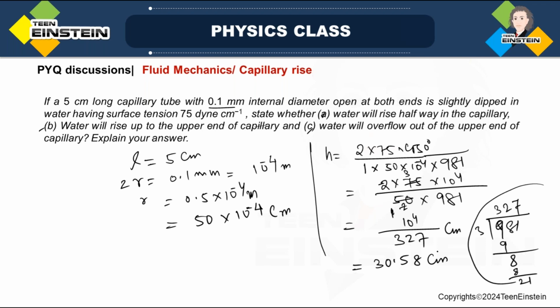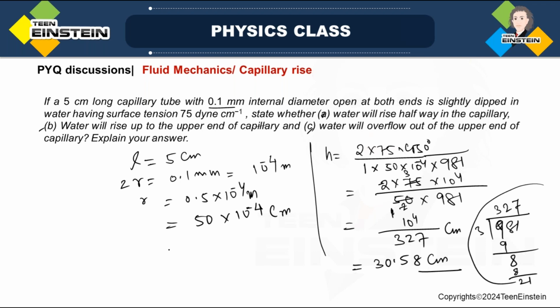So we have got the capillary rise. With the parameters given over here, the rise of liquid inside the capillary tube should be 30.58 centimeters. But this capillary tube is just 5 centimeter long, right?